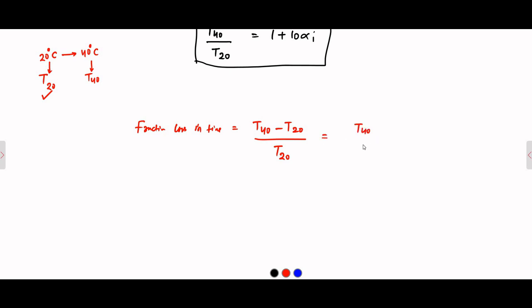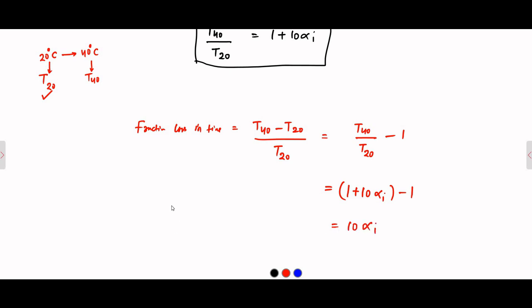That is equal to T40 by T20 minus 1. T40 by T20 we have already calculated, that is 1 plus 10 alpha l, minus 1, which is equal to 10 alpha l.